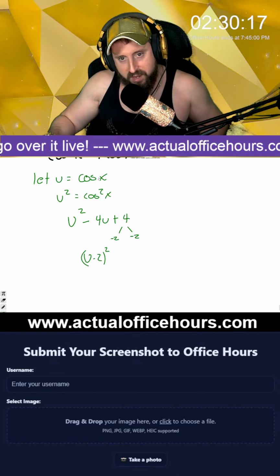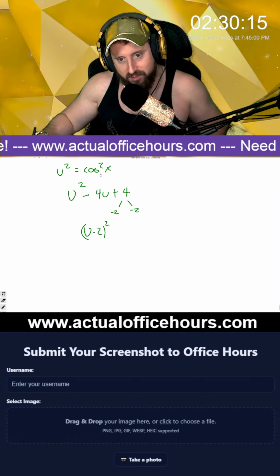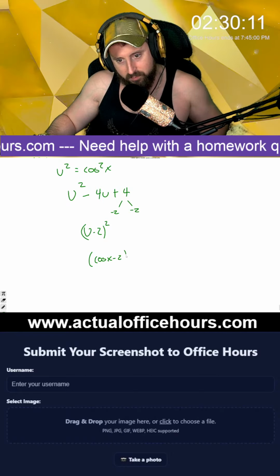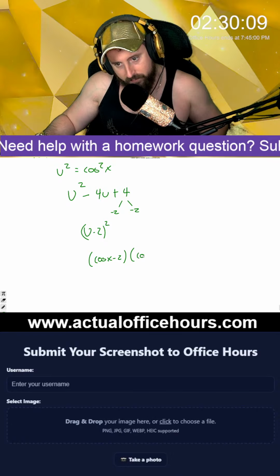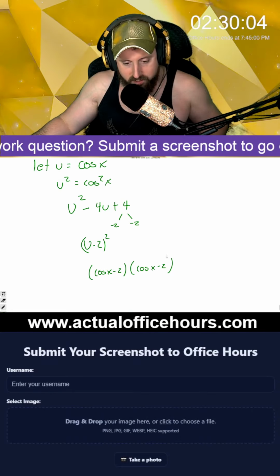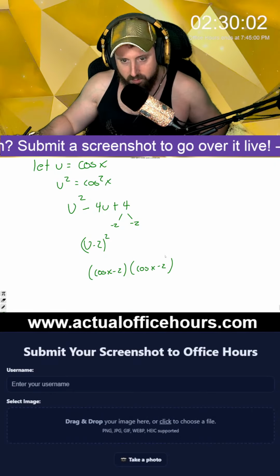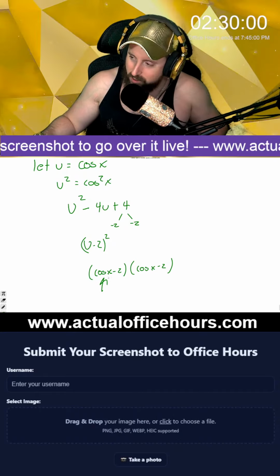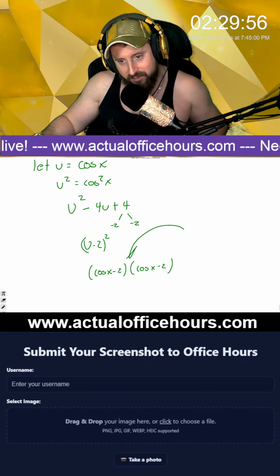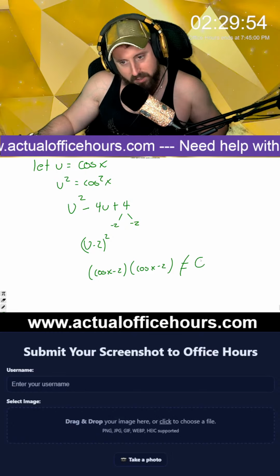But then u is equal to cosine of x. So I end up getting cosine of x minus 2 times cosine of x minus 2. Interestingly enough, this doesn't have any zeros because there's no way cosine of x can equal 2. So this is factored technically, but this will never equal 0.